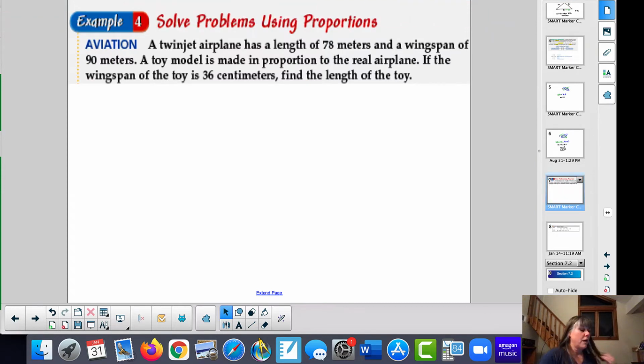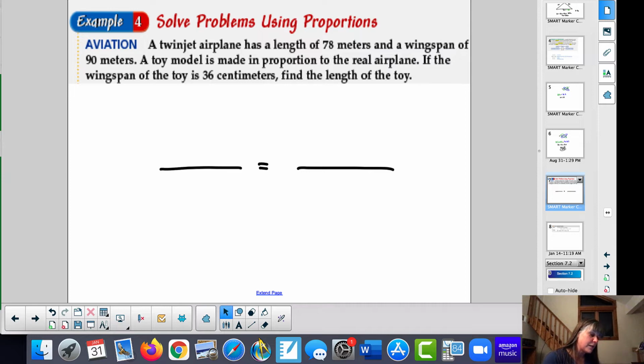When you are setting up a word problem, as I went over in the video, there are a lot of different ways to make your proportions so that they're equivalent proportions. But what you want to do is make sure that you have the same things in the same areas.